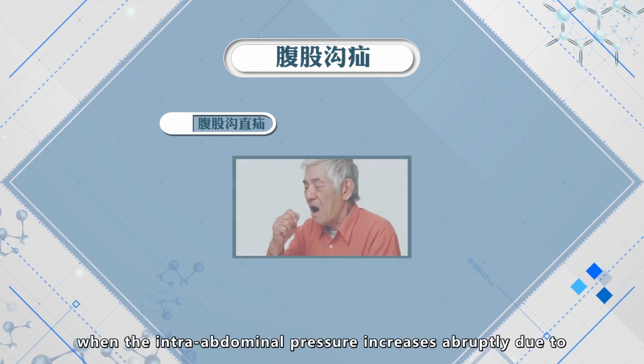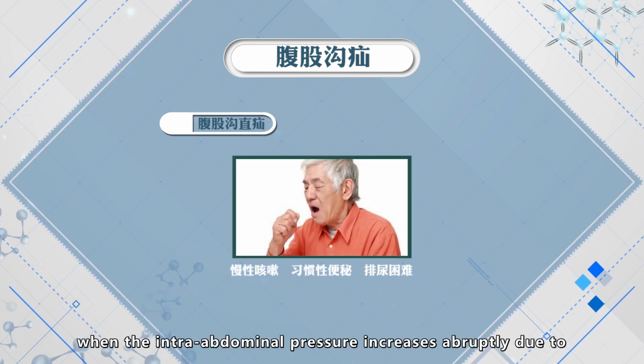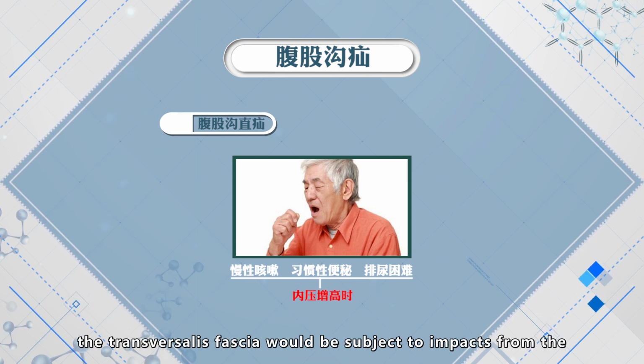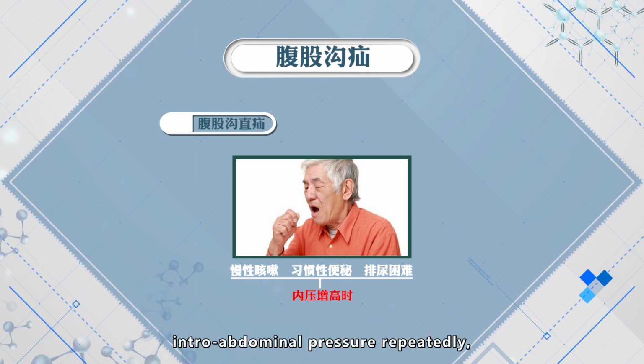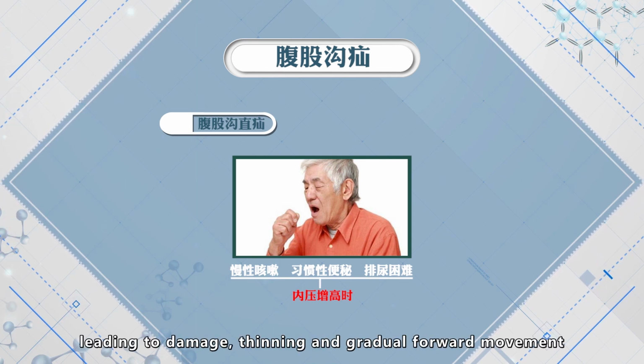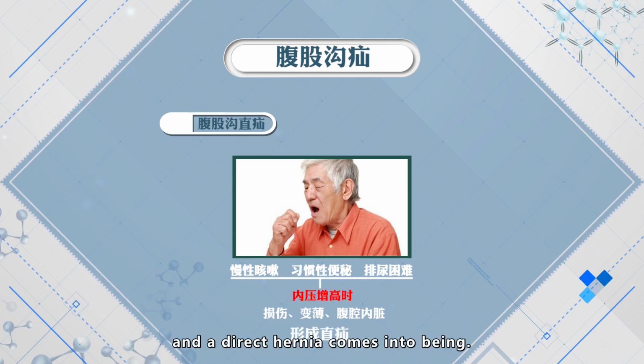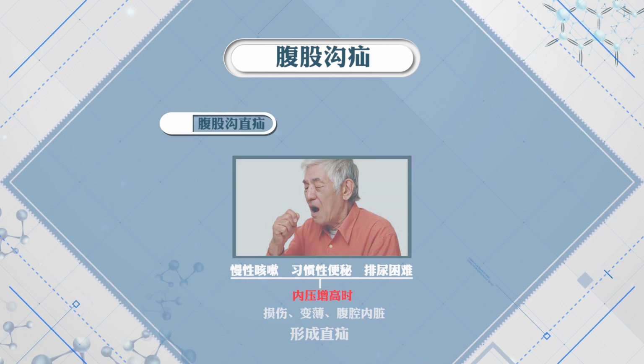When the intra-abdominal pressure increases abruptly due to chronic cough, habitual constipation, or dysuria, the transversalis fascia is subject to impacts from the intra-abdominal pressure repeatedly, leading to damage, thinning, and gradual forward movement, and then protrusion of the viscera in the inguinal triangle, and direct hernia comes into being.